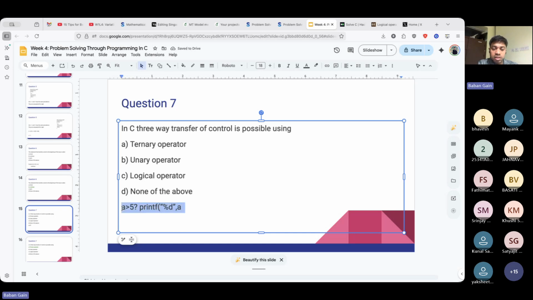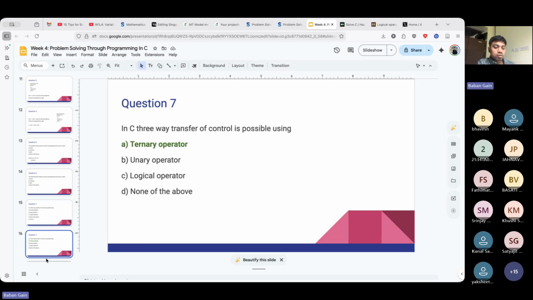Let me select x equal to a greater than 5, then x or a. Here it is evaluating one condition. If it is true, then it is giving one output. Otherwise, it is giving some other output. So there are three different paths here. That is what is called ternary. Ternary is three. So yes, this is the ternary operation in C.